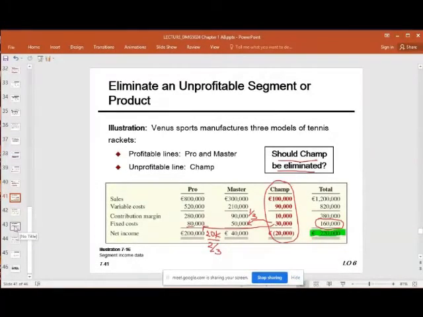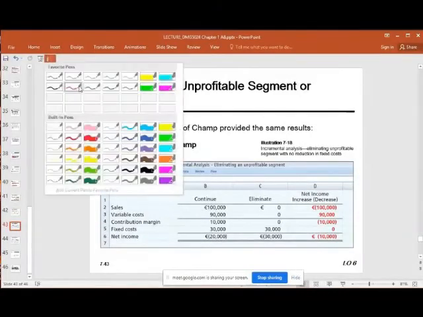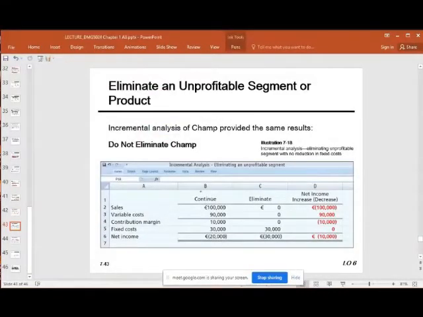So now let's go to the incremental analysis. Now only we start to do the incremental analysis. So your old decision is to continue, and your new decision is to eliminate.